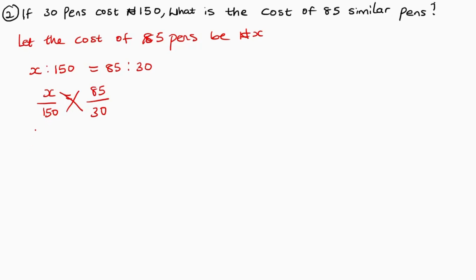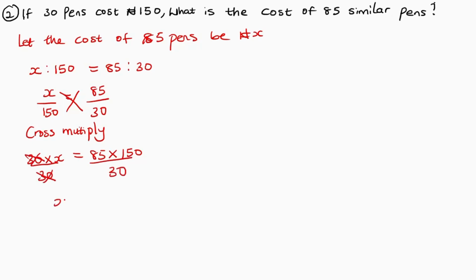Next, we want to simply cross multiply. When we cross multiply, we are going to have 30 times X is equal to 85 times 150. Now all we want to do is to divide both sides by 30, so this is going to cancel out this.